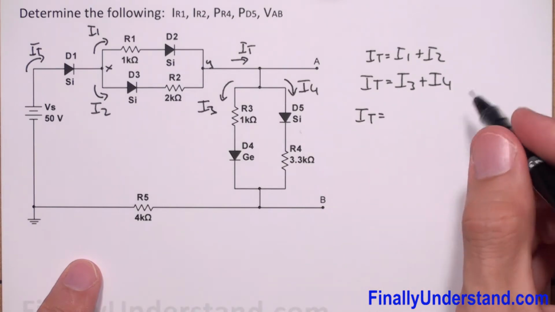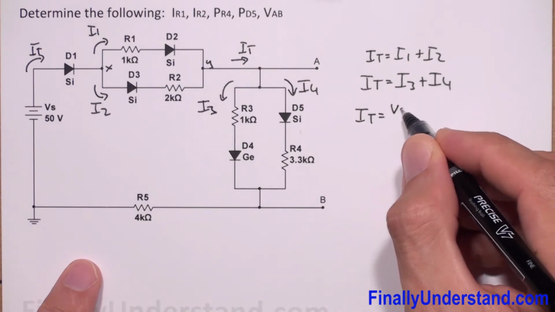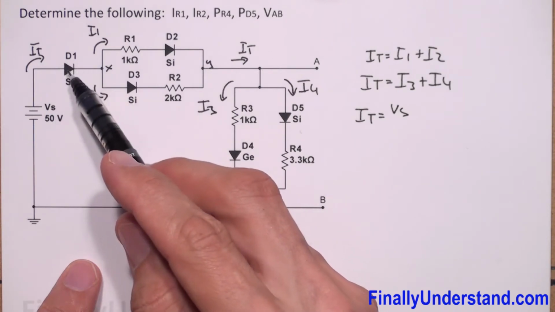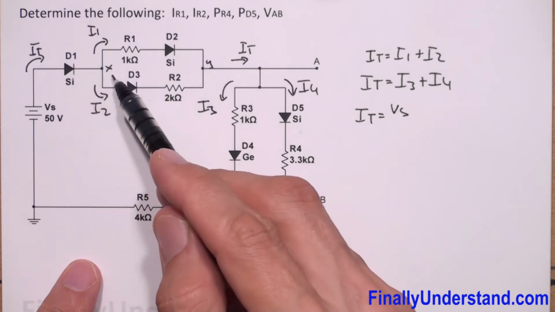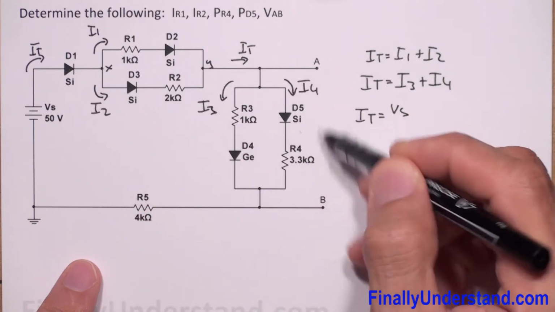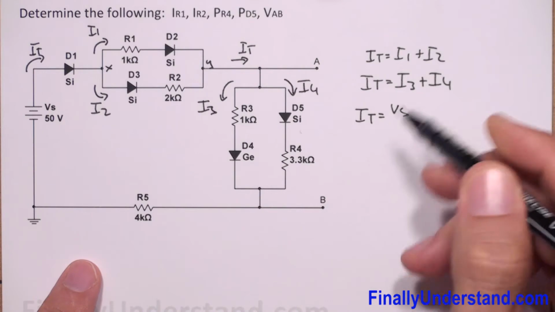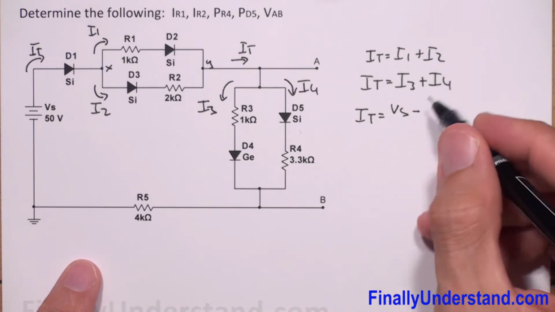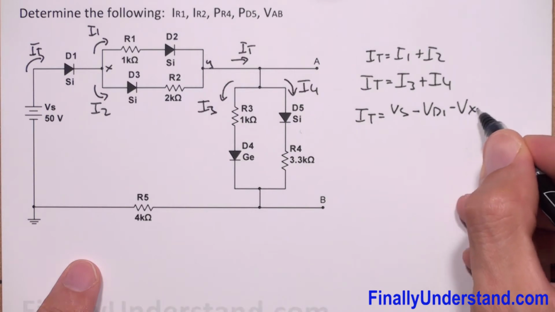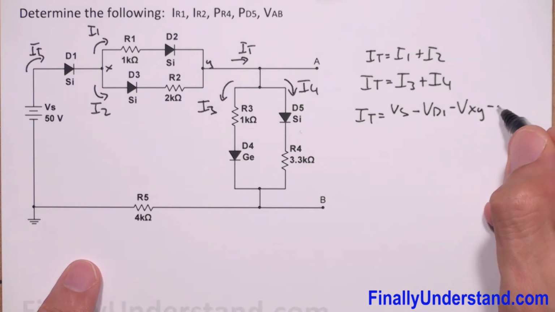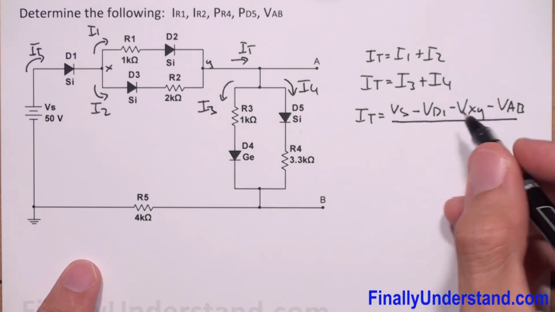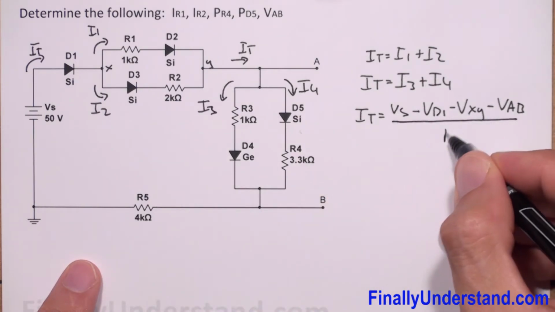And we can also write that I total is going to be equal to the voltage source, this voltage, minus voltage drop across the diode D1, minus voltage VXY, minus voltage VAB. Let me write this down: minus VD1 minus VXY minus VAB, everything over R5.